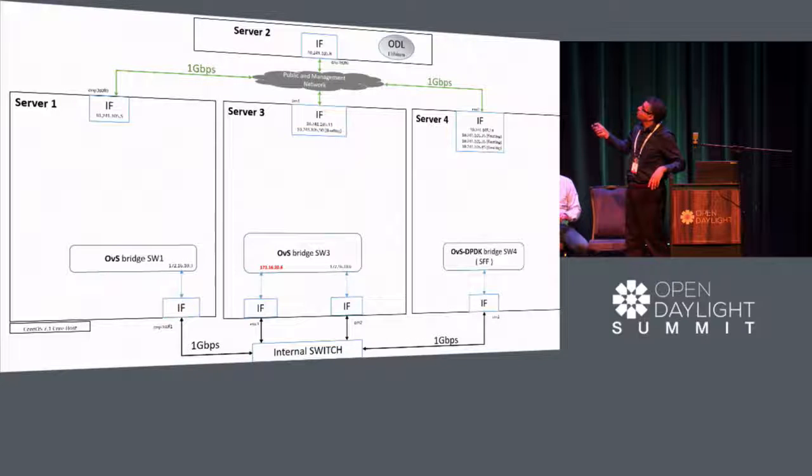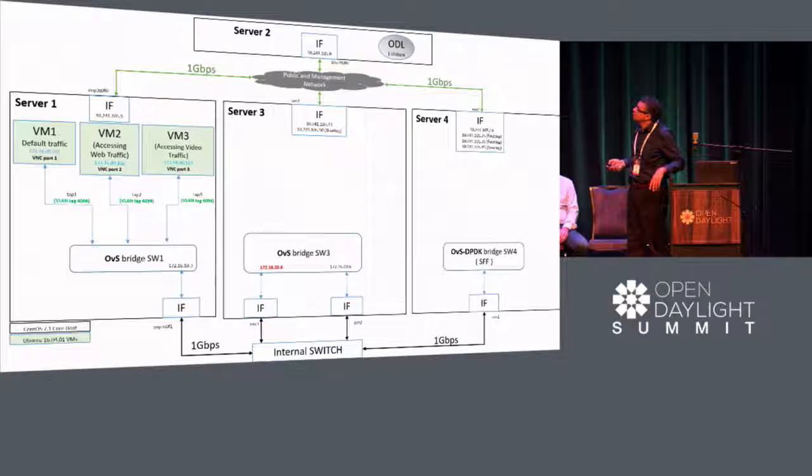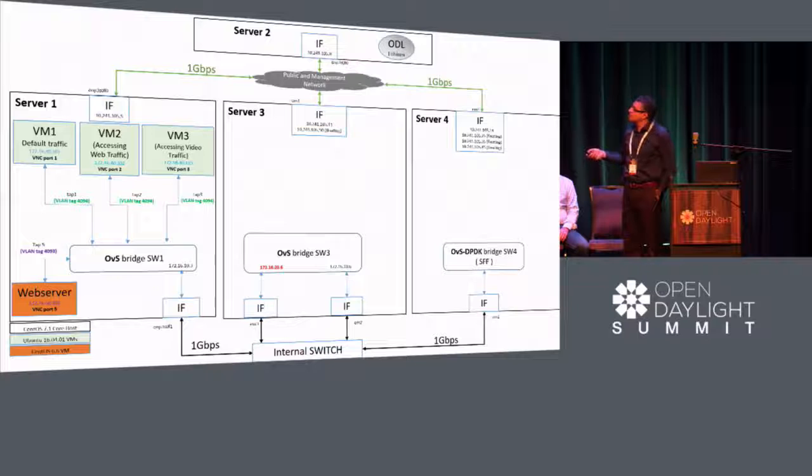We have ODL residing on server 2, and we have the 3 user VMs on server 1, as well as the web server. I want to call out that the user VMs are on a different VLAN than the web server. The VLAN tag is 4094 versus the web server being 4093.